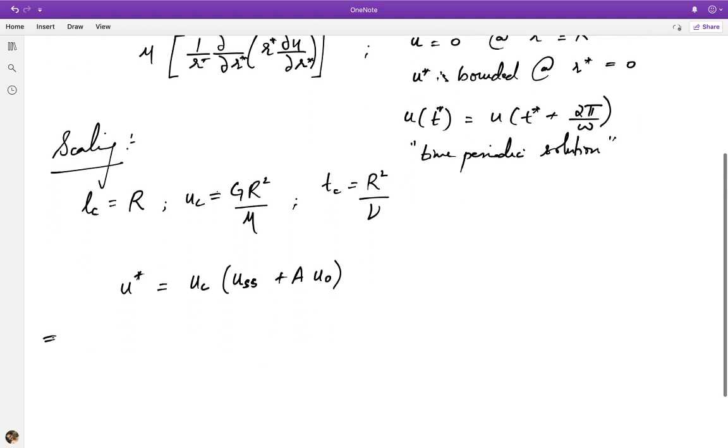Okay, so I'll leave it to you to write out the equation for USS. It will turn out to be just standard Hagen-Poiseuille flow. And now directly go to the equation for U naught, which is going to be non-dimensional. Just for convenience, I'm going to suppress this U naught here.